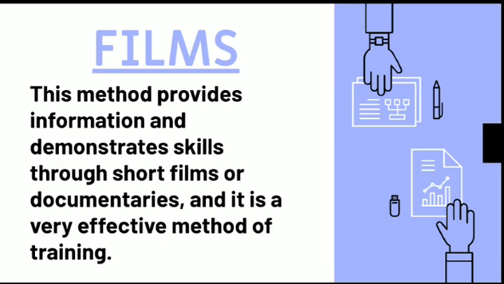When you cannot adapt any other method, you can go for films, just like a movie or documentary, where information is given and the operations to be done at the workplace are trained.